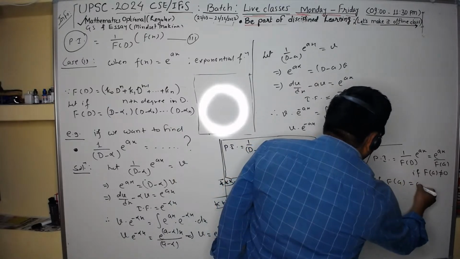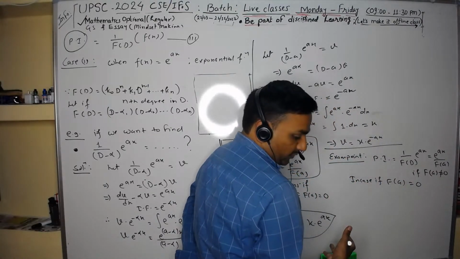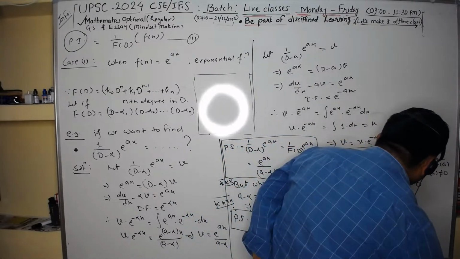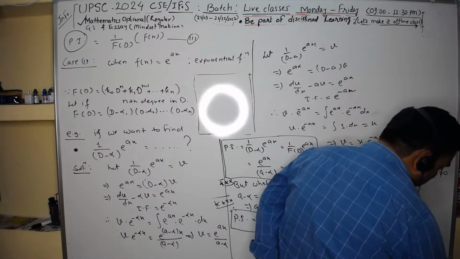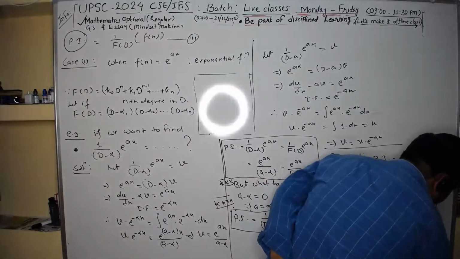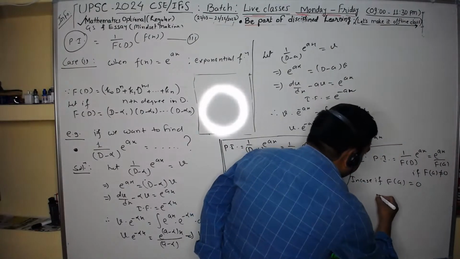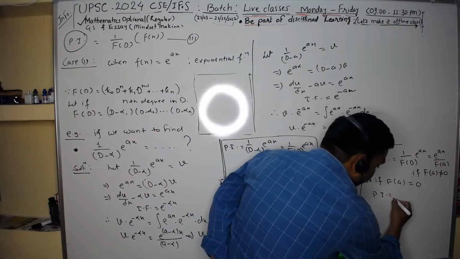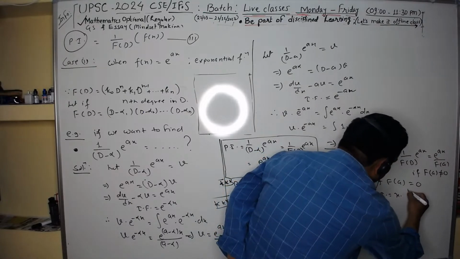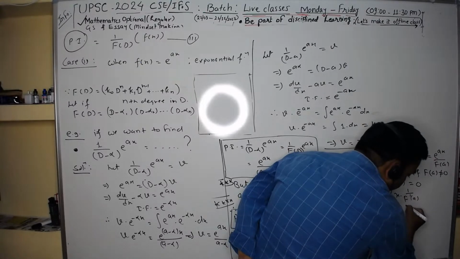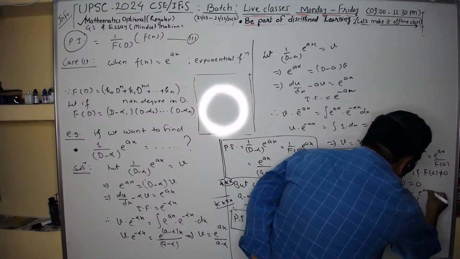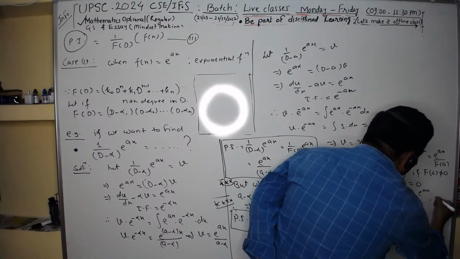In case f of a is 0, then what we should write, actually I will give you a formula which is provided to you in the assignment. The same formula I will give here also. Then PI will come out as x into 1 upon f dash a e raised to the power a x.